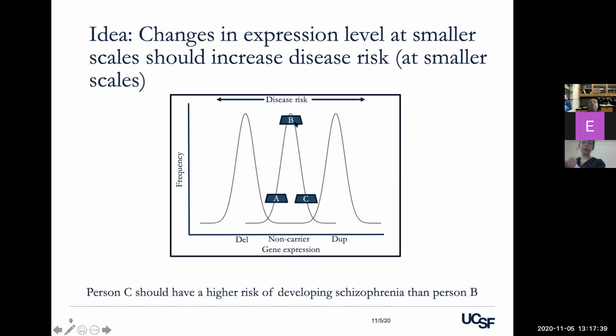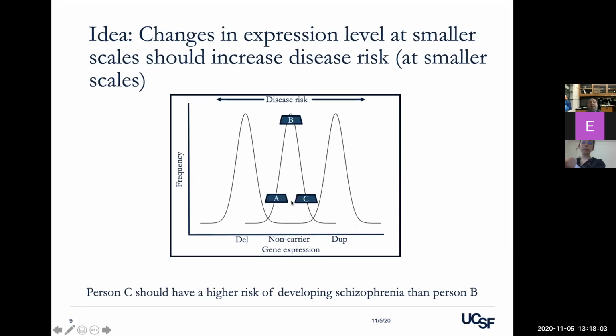So as you can see, say in the middle is the distribution of a gene expression for a non-carrier. On the right is for a duplication carrier. On the left is for a deletion carrier. And so duplication carriers will on average have higher expression. Deletion carriers will on average have lower expression.